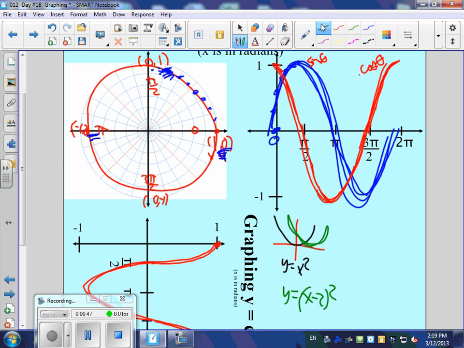So look at this. This red one is the cosine. Okay. The blue one is the sine. So what do I do to the cosine to get the sine? What do I do to the cosine to get this one over here?